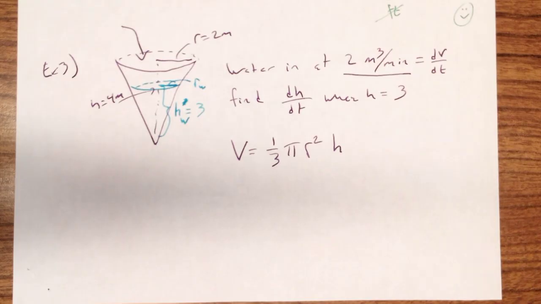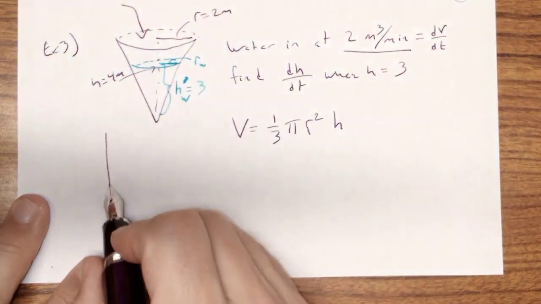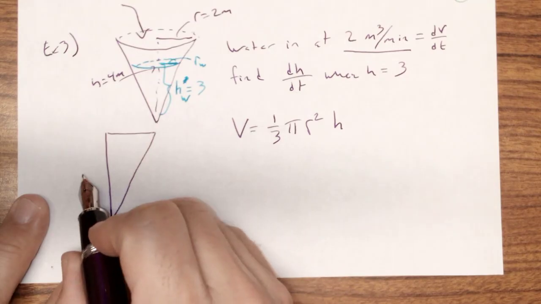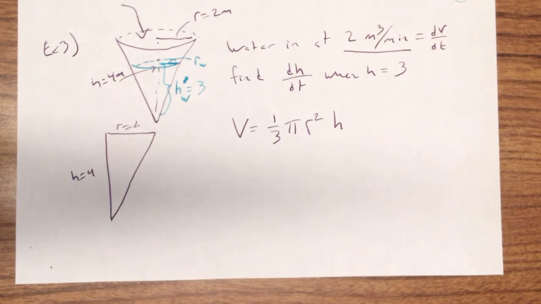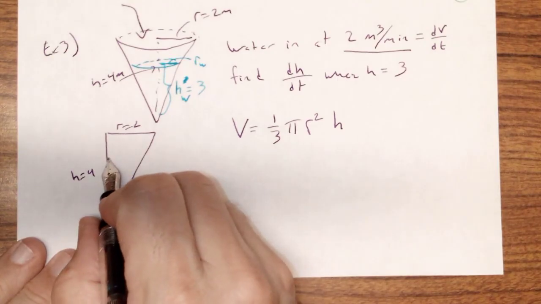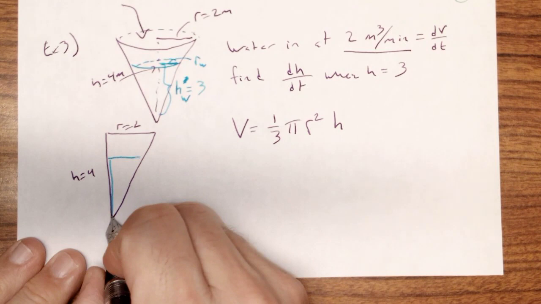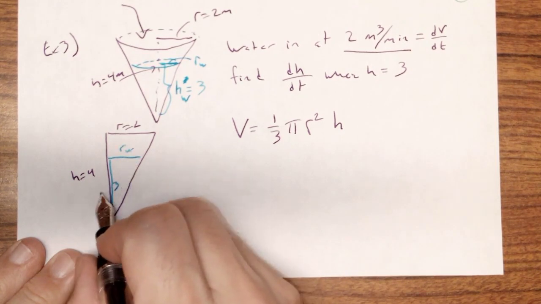Okay, wait a second. Let's look at what I do know right here. I have the tank itself. The tank itself has a height of 4 and a radius of 2. The water has a height of 3 and a radius of unknown.